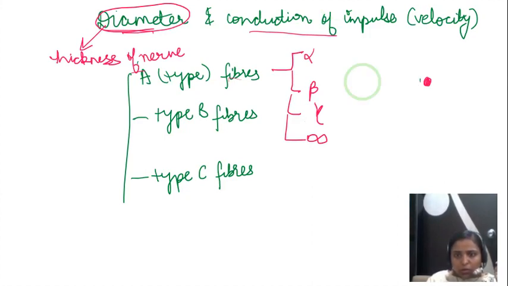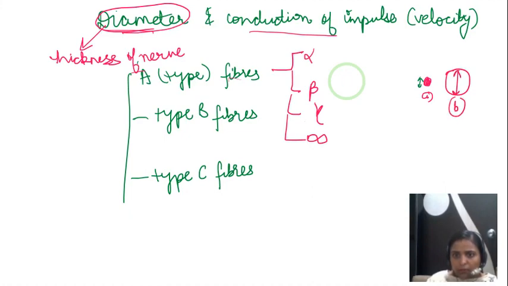For example, this is one nerve whose diameter is this, and this is another one whose diameter is this.